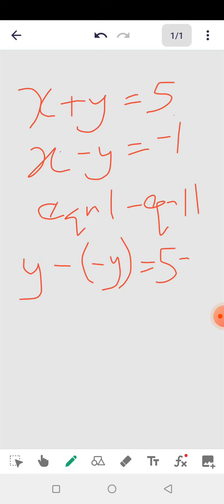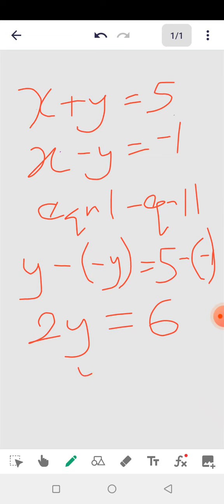It happens that the value there is minus 1, so we'll write minus 1 for that side. y plus y will become 2y, and 5 minus minus 1 will become 6. When we divide both sides by 2, we get y to be 3 eventually.